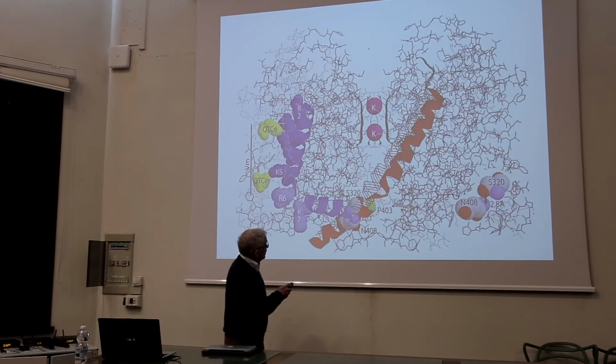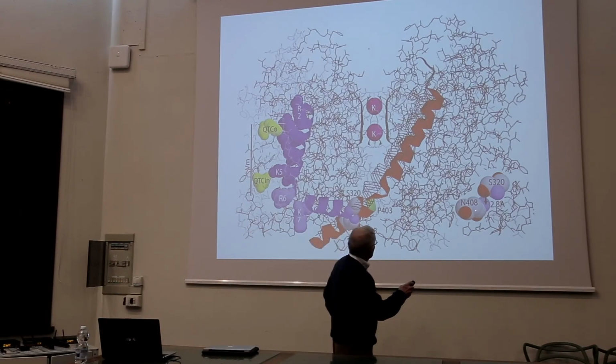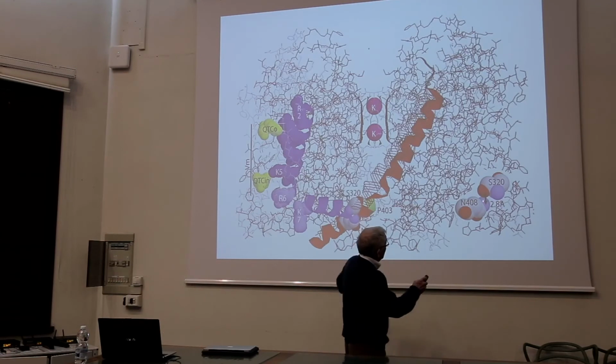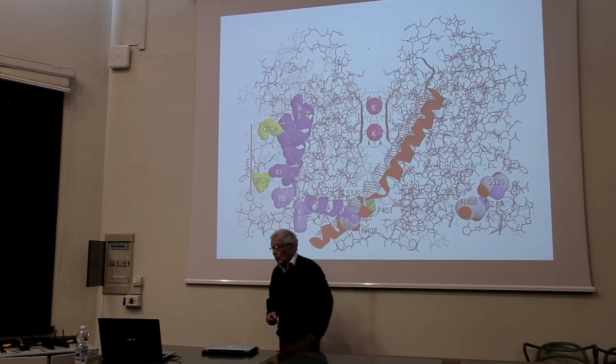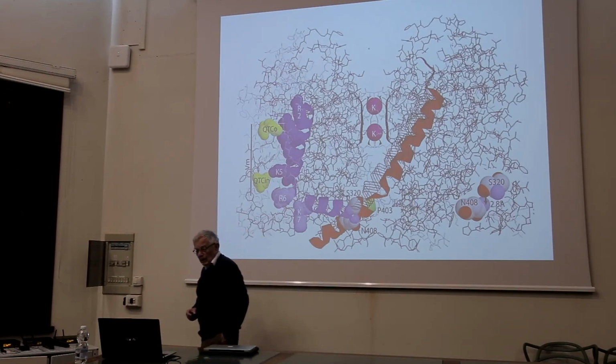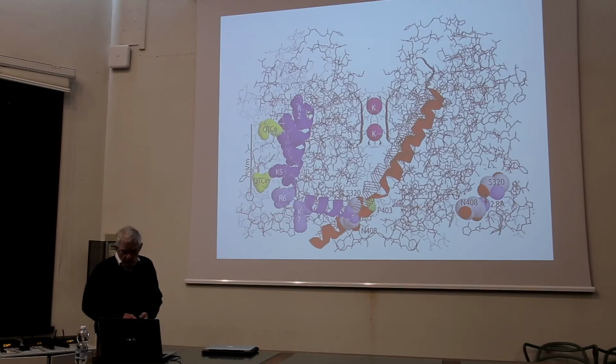So the idea is that the asparagine forms a bond with this serine, and here we see it in a rotated view. This is a tight hydrogen bond, and that's important for stabilizing the open state of the channel. And if you remove the asparagine, then the channel won't open.